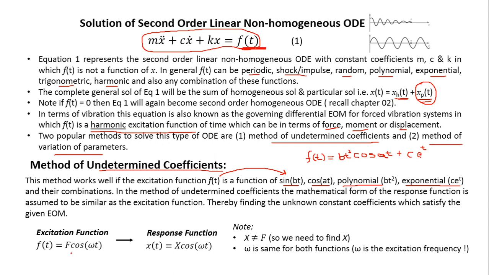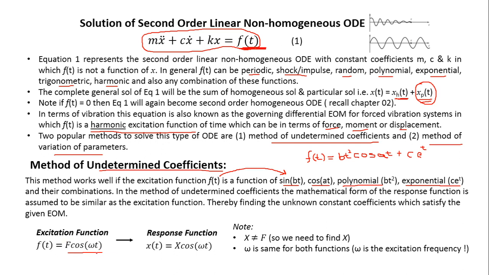For example, the excitation function is given like this: F cos omega t, where F is the magnitude of the applied force, and omega is the excitation frequency. Please remember that omega is not the natural frequency of the system, it is the applied excitation frequency.